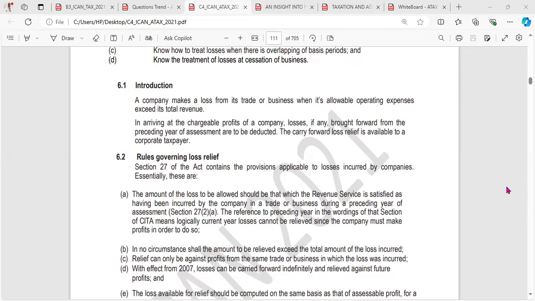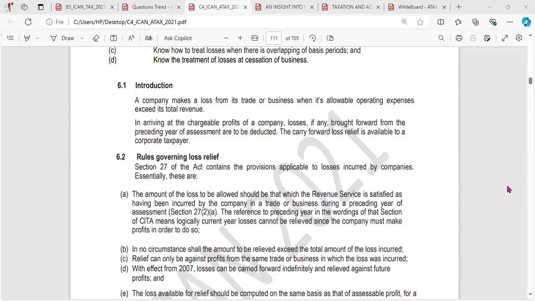And what are the rules governing loss relief? Section 27 of the Act, that is the Companies Income Tax Act, contains provisions applicable to losses incurred by companies. Essentially, these rules are: one, the amount of loss to be allowed should be that which the revenue service is satisfied as having been incurred by the company in a trade or business during a preceding year of assessment.